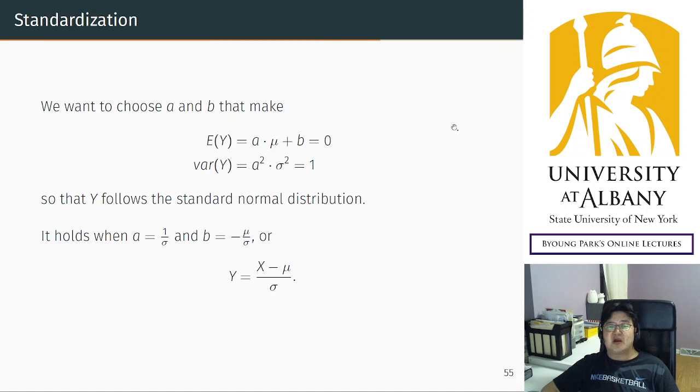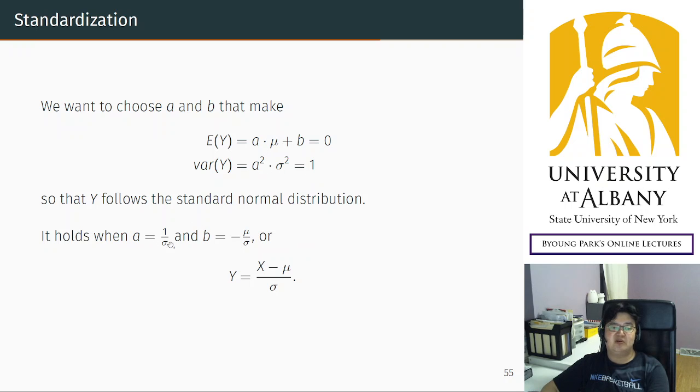We are going to deliberately choose the numbers a and b so that the new random variable has a mean of 0 and a variance of 1. So how can we make the new variable standard? It's simple. If you use a equals 1 over sigma, then the variance will be 1.